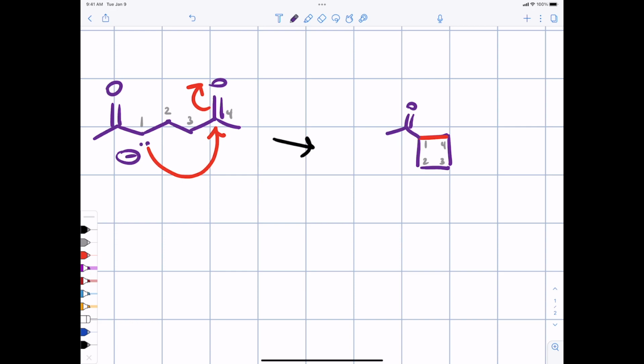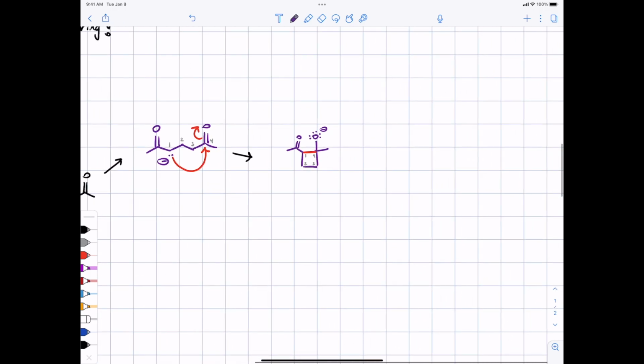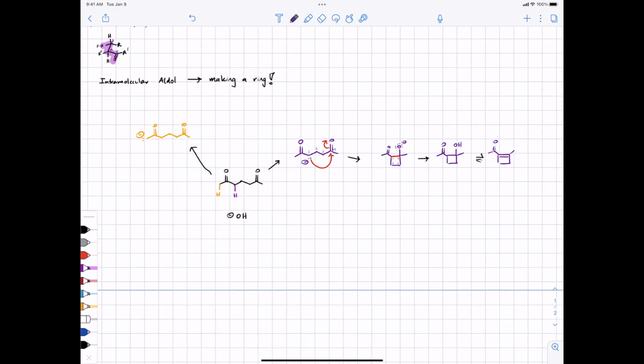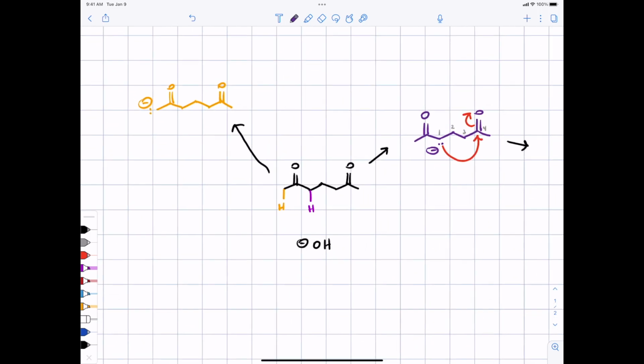And carbon 4 is the one that got attacked, and so it's going to have the negatively charged oxygen from the tetrahedral intermediate, which we could draw getting a proton to form the beta hydroxycarbonyl compound, and we could show that in equilibrium with the alpha beta unsaturated carbonyl compound. Okay. How about here? How about on the other side? What kind of a ring are we going to make there?